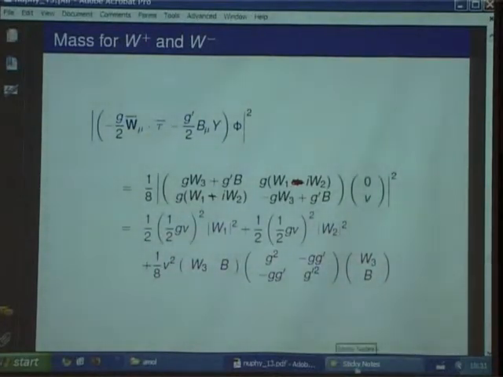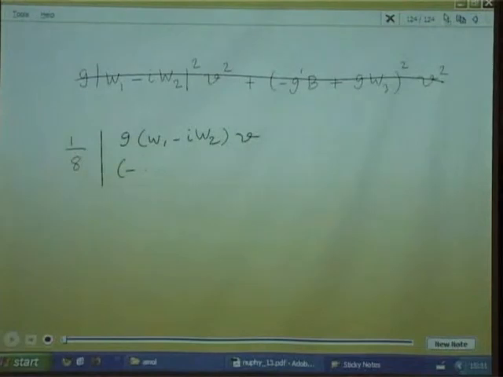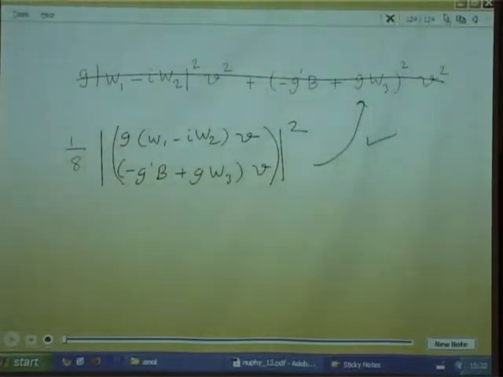So the lower part is minus g prime B plus gW3 times v. This is the vector. Then I do mod square. Mod square is square of top plus square of bottom. So let's see what this is.